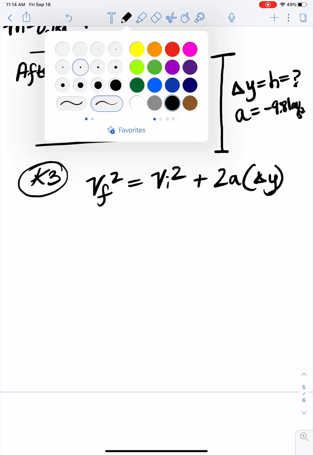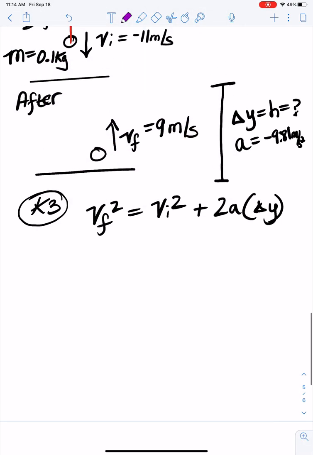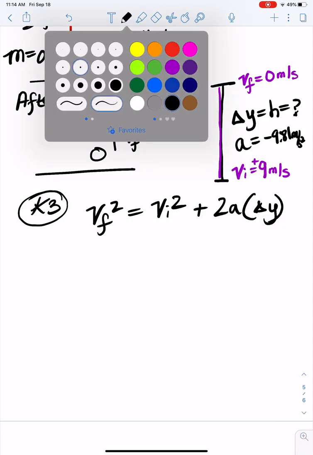Because we've got to do a switch here. On the way up, the VI is equal to +9, because the ball is going to fly upwards, and the VF is going to equal 0. All right, and so we know that, and we'll go ahead and plug those in down here.